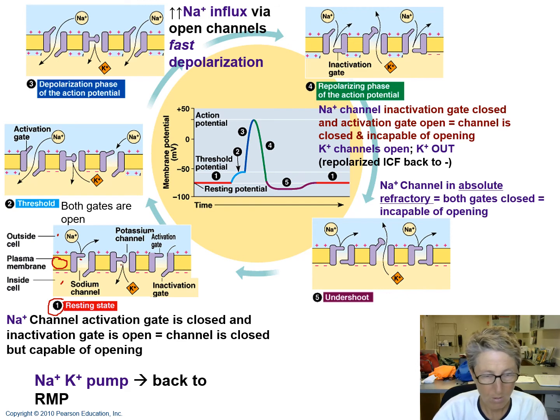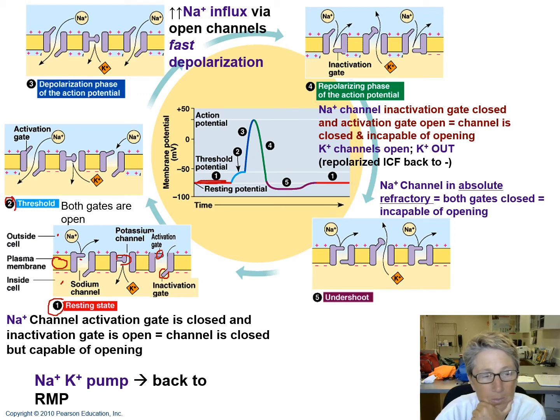At resting membrane potential, the potassium channel is closed. The sodium channel has two gates, the top one called the activation gate, and the bottom one the inactivation gate. If it's in this configuration where just one of the gates is closed but the other is open, that means the sodium channel is closed, but it's capable of opening. So here in number 1, we're in this part of the action potential trace.